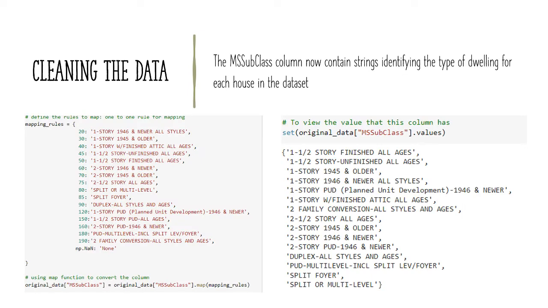So as you can see, here we perform the mapping. We map those numbers in this MS subclass column to those values, and at the end, this column only has those values that are more descriptive, and they are categorical data.